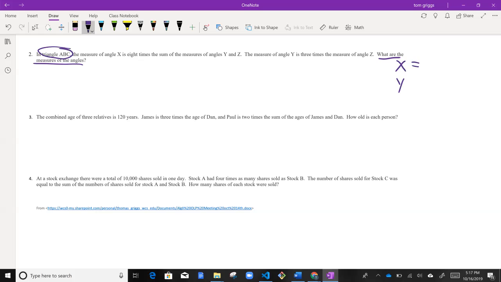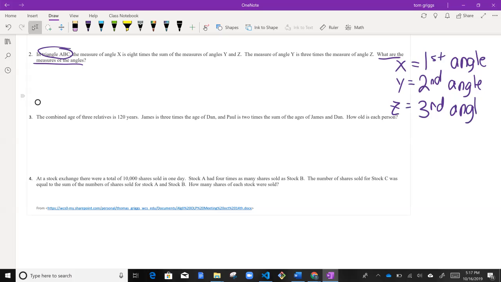So that means each variable is going to represent an angle in the triangle. You could call this first, second, and third angle. You could call this small, medium, and big angle. Doesn't really matter. Just so you know, each variable represents a different angle in this triangle.